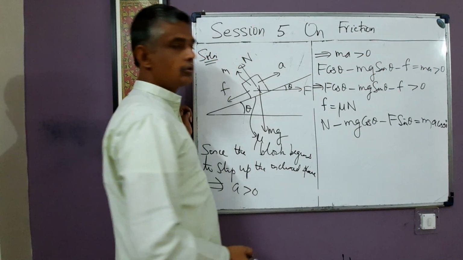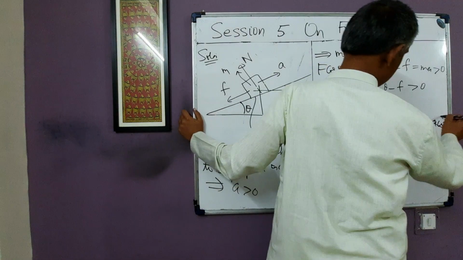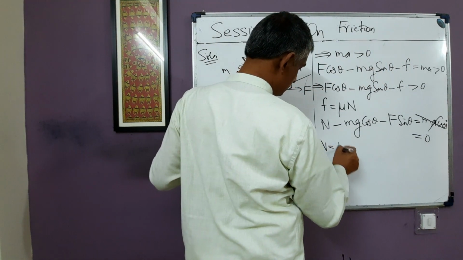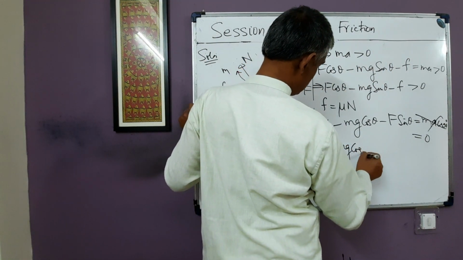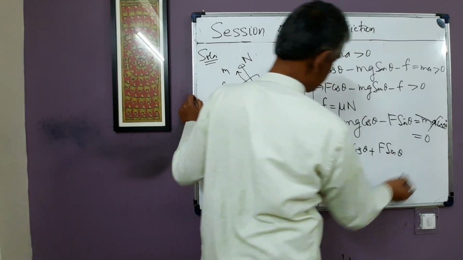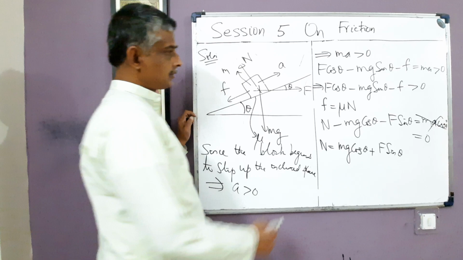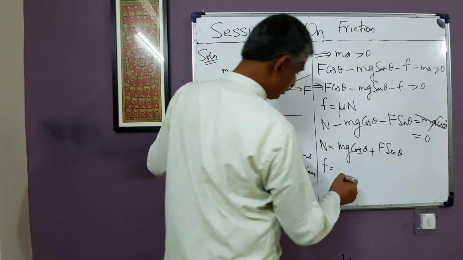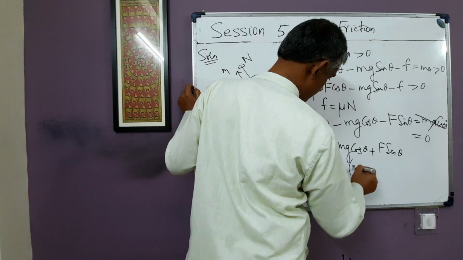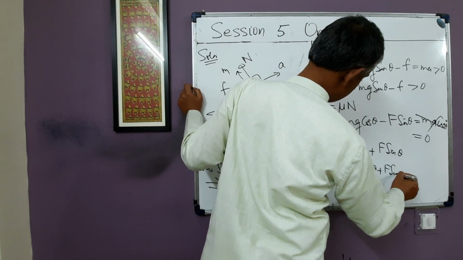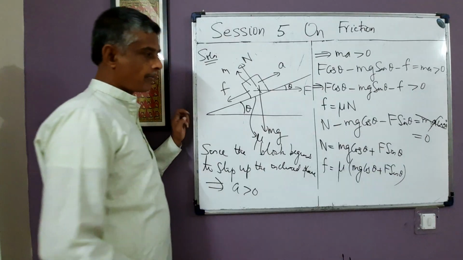But cos 90 degree, you know it is 0. So this term goes away. So right side becomes 0. So N becomes mg cos theta plus F sin theta. Now this N I substitute in f is equal to mu times N, so f is mu times mg cos theta plus F sin theta.